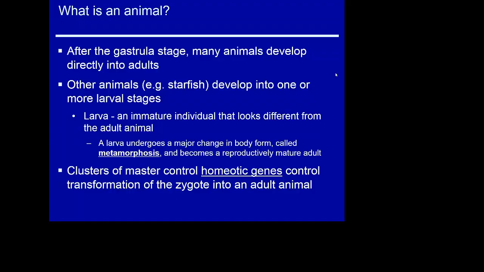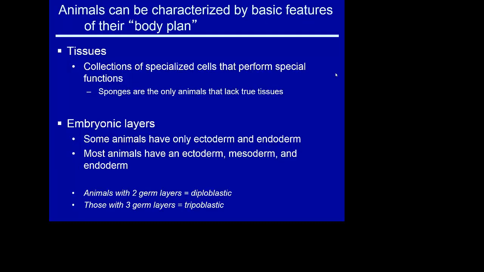Or any other animal. Remember, when we talk development, all of these things happen because of these homeotic genes, or master control genes. And what we're hoping they are going to do for us is help us form these tissues, germ layers.